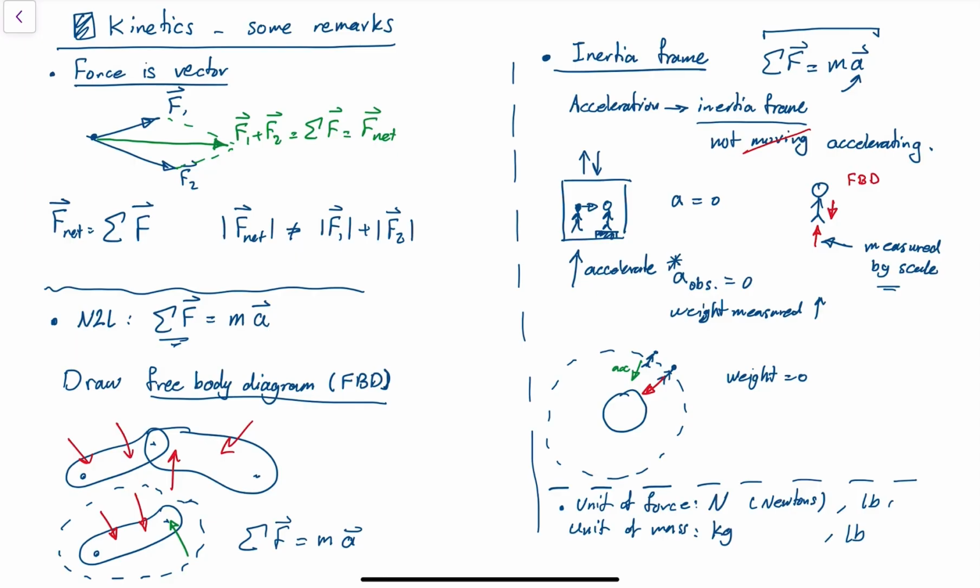This is pound force, this is pound mass, or slug, or there are other units. And 1 newton equals 1 kilogram times 1 meter per second squared.